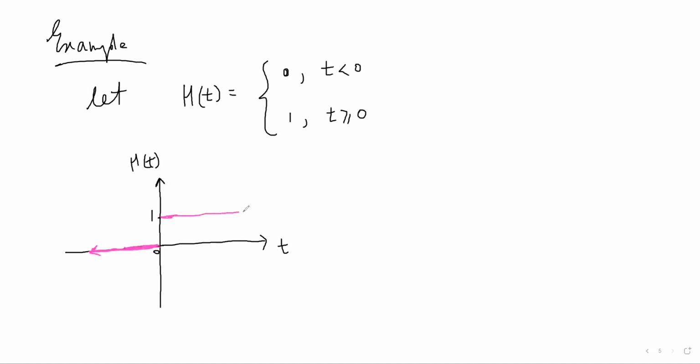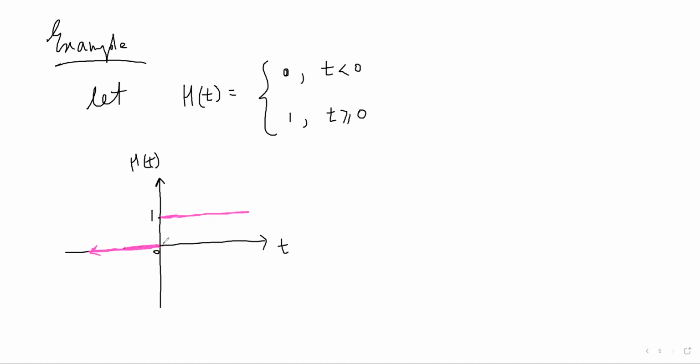It's a flat line again. But we must make sure that we are very careful here. The function is flat. Let's go to the left again. The function is flat.